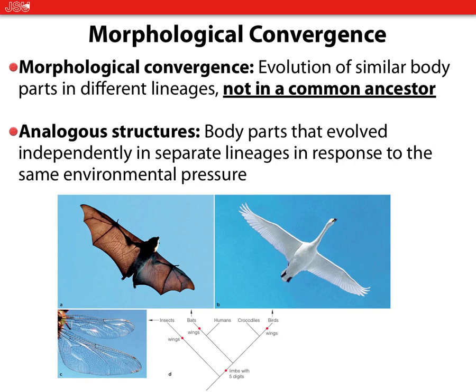Probably lots of different groups thought, oh, that's circular, yeah, we can make a wheel. Doesn't mean those are related. Well, the same thing here. Some things like wings are such good ideas in an evolutionary context that they will develop independent of one another. Okay, we're good with that? So you should know what convergence and divergence are, and you should have an idea of what analogous structures are.